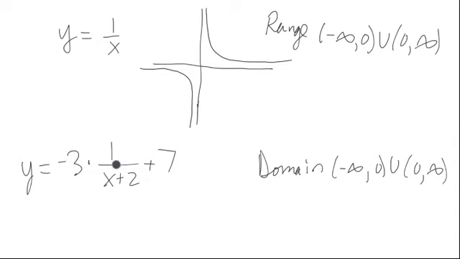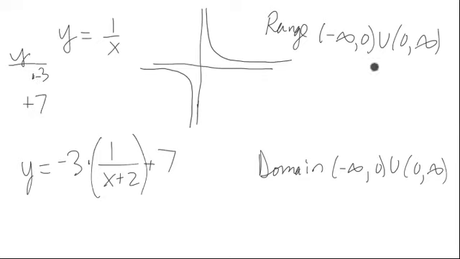Now, notice that we have some transformations on the outside of the 1 over x portion. The first thing you do on the pathway to y computationally is multiply by negative 3. So for y values, you first multiply by negative 3, then you add 7.